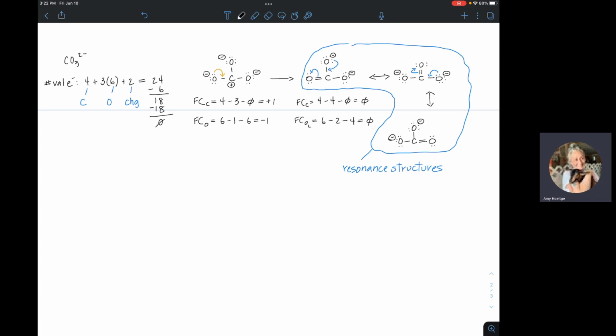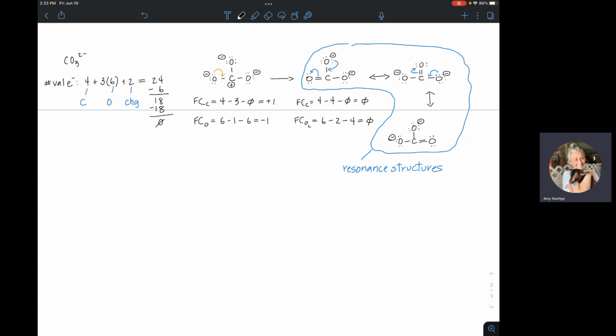So you'd expect that if you were analyzing bond length and strength, or in other words, bond energy in the carbonate anion, you see two single bonds and a double bond, you'd expect to get two values, right? One for the carbon oxygen single bonds and then one for the carbon oxygen double bond. But in reality, what you get is a single value, and it's some weird average between all three of those bonds, a double bond and two single bonds.